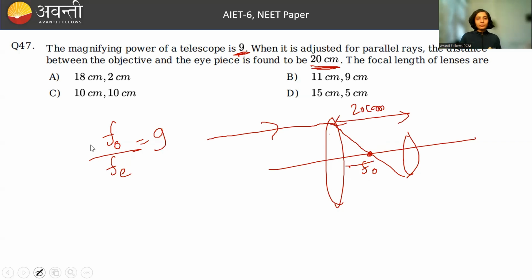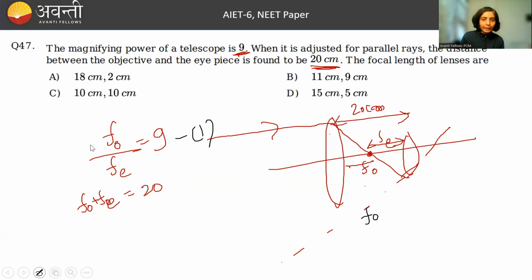The focal length of lenses. Now, if this is F0, this will be Fe. Why? Because we know that the final image will also get formed at infinity, as we have learned in telescope. So this is Fe, and F0 plus Fe is given in your question, that is equal to 20 centimeter. Okay. So we have to calculate F0 and Fe. We can do it very easily, right? So you do one thing, add 1 to the first equation.